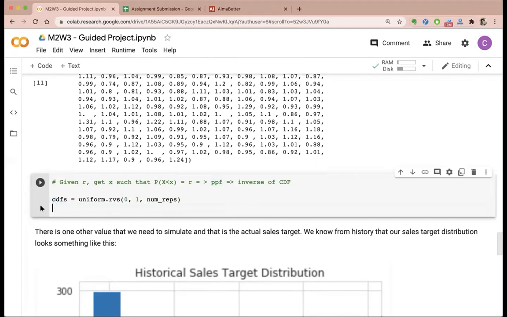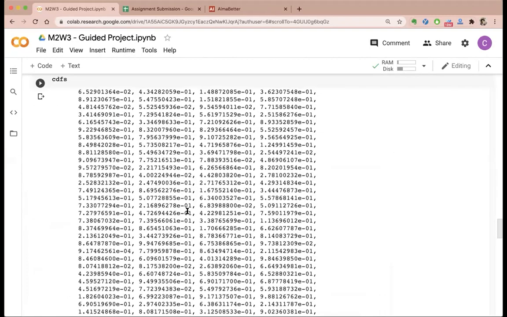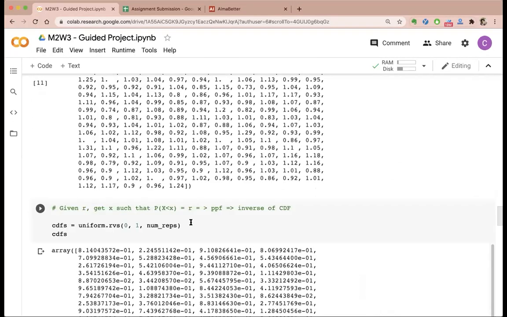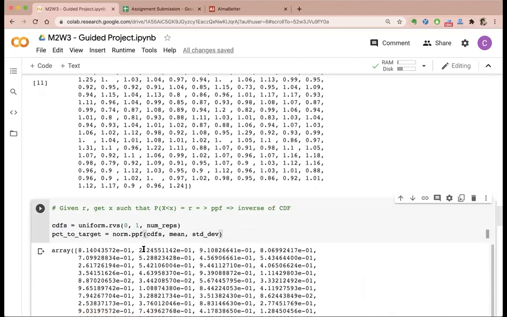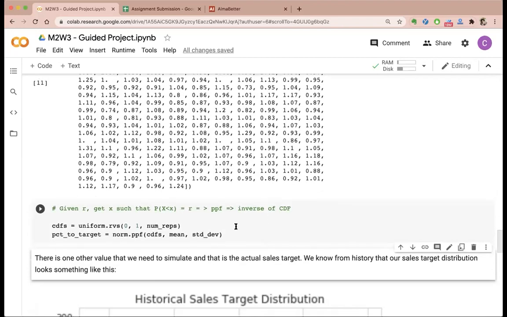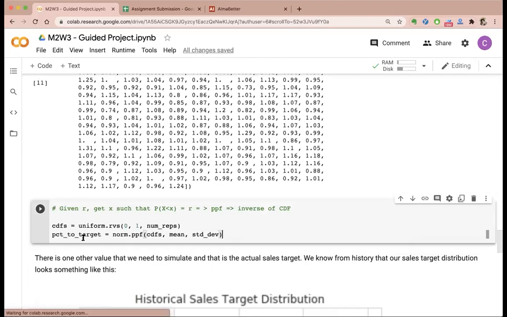CDFs is nothing but random values between 0 and 1. You insert these values into this function ppf, and it will give you certain numbers corresponding to x, and of course these x's will correspond to normal values.